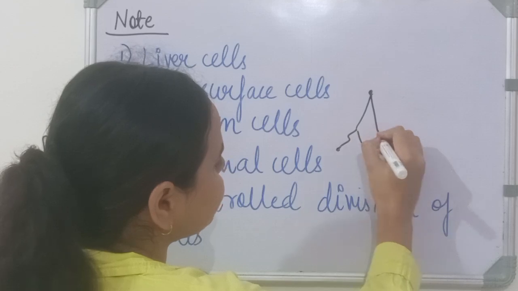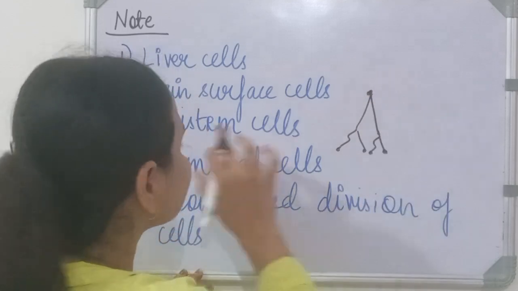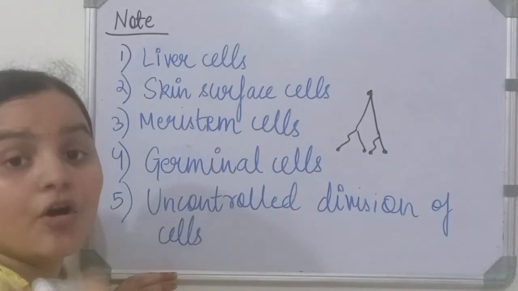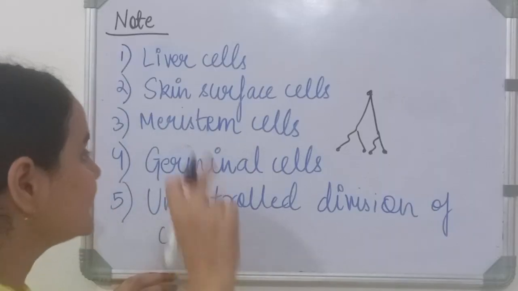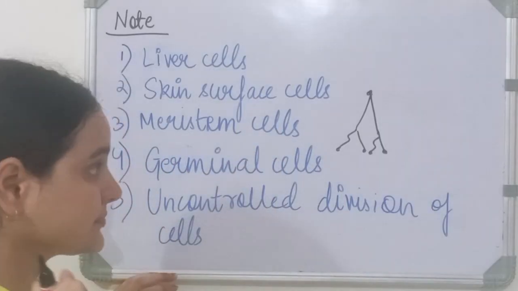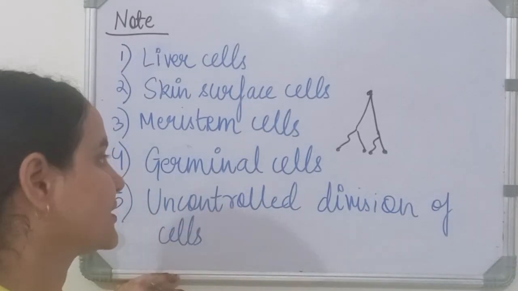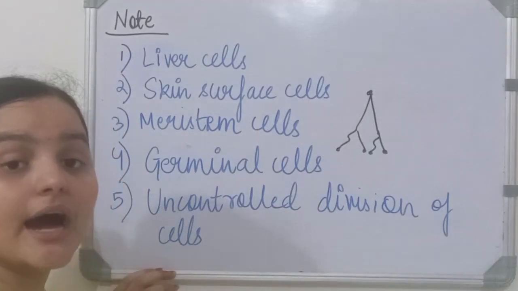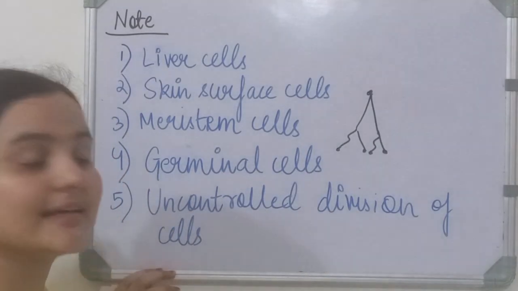So this is the tip of the root and this is the tip of the stem. They continuously divide throughout the life of the plant. Okay, these cells are found in plants only, and they produce flowers and buds. Okay, all these structures. Now germinal cells, they undergo meiosis. Okay, and they produce sex cells.